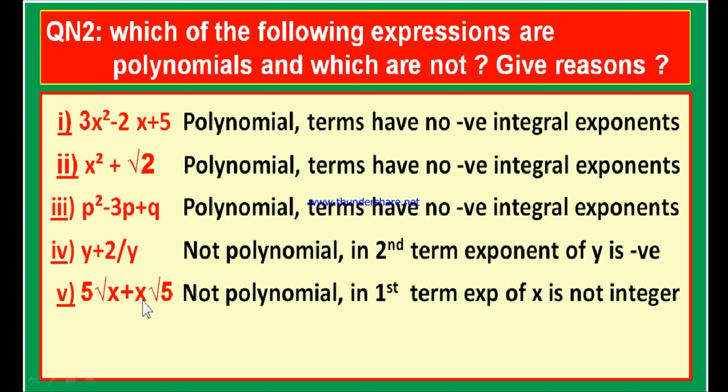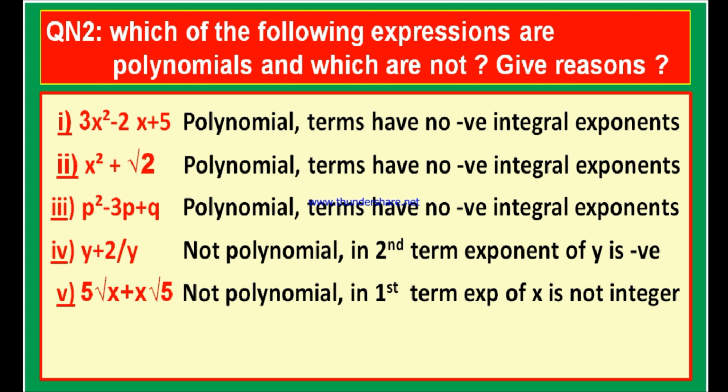And in the second term, x into root 5 means x power 1 into root 5. Therefore the exponent of the variable in the first term is 1 by 2 and the exponent of x in the second term is 1. We know that this 1 by 2, the exponent of the variable of the first term, is not an integer. Please recollect what are integers or what are positive integers. 1, 2, 3, 4, 5, 6 are positive integers.